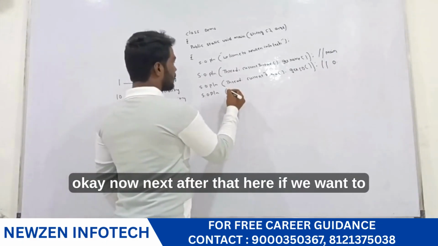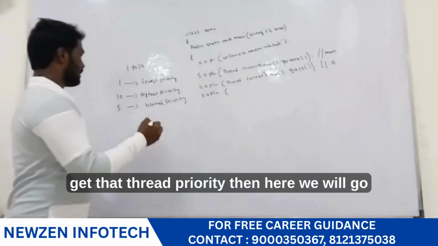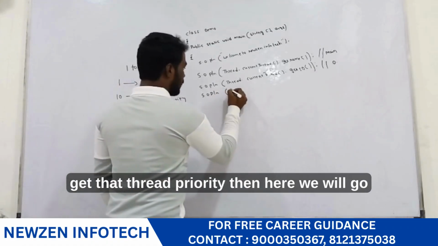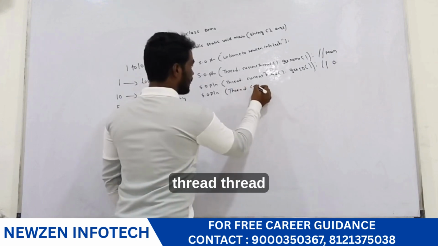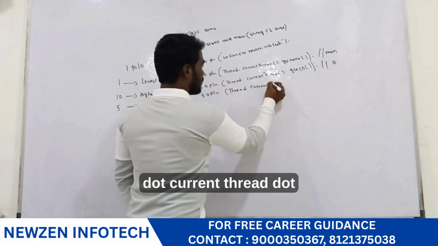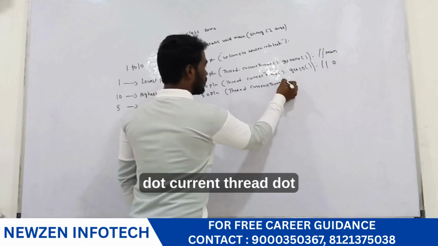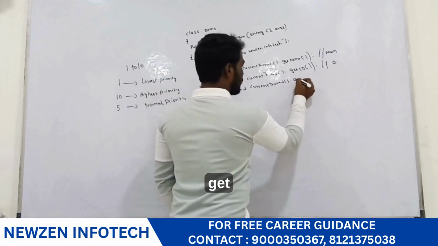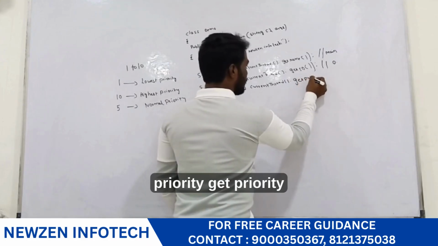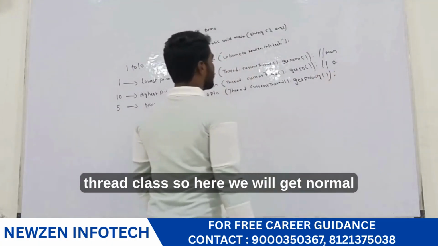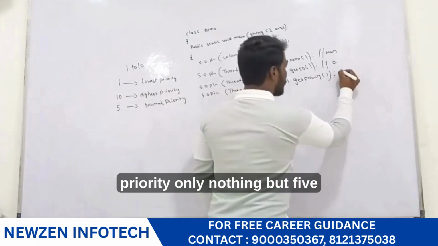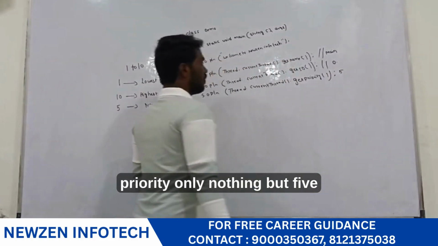If we want to get the thread priority, we'll use Thread.currentThread().getPriority(). Here only one thread is present, so we'll get normal priority, that is 5.